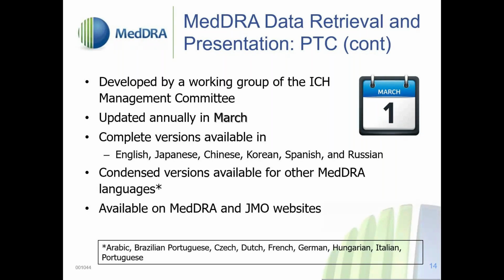And then, in addition, there are condensed versions for these full documents, which are available in some of the MedDRA languages, namely Portuguese, Brazilian Portuguese, Czech, Dutch, French, German, Hungarian, Italian, and Portuguese.